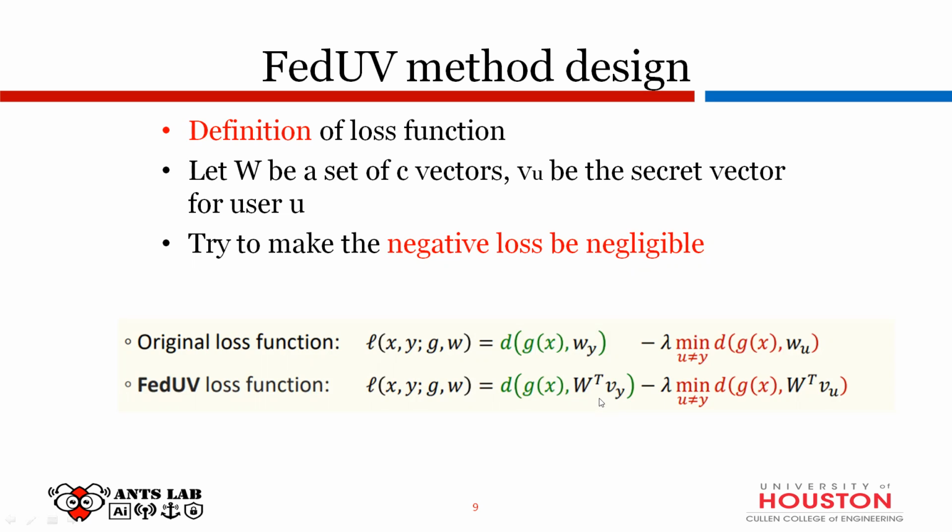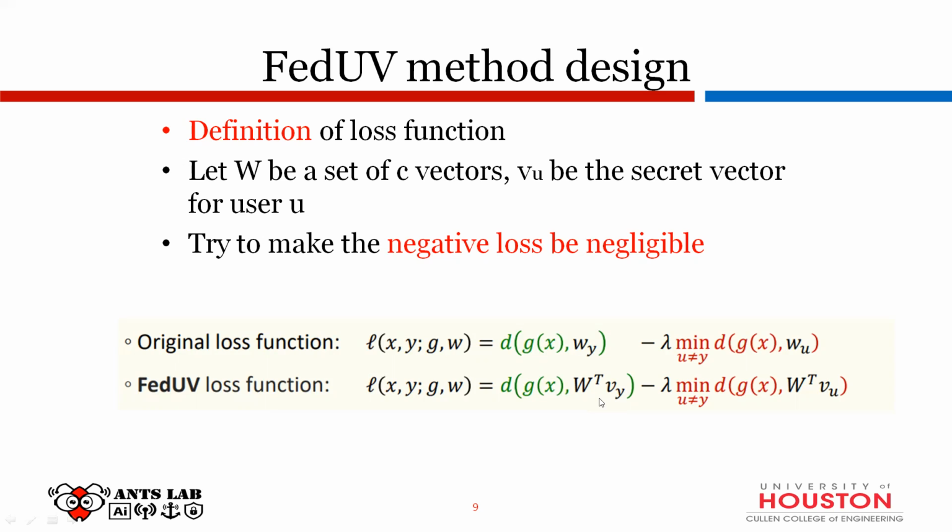So what they are trying to do, maybe they are using a linear projection of the user's randomly chosen vector to serve as their true embedding vector. But this W is learned federatively, so the W here is learnable. Even if you're the user, you only use the random vector VY to share with your peers.